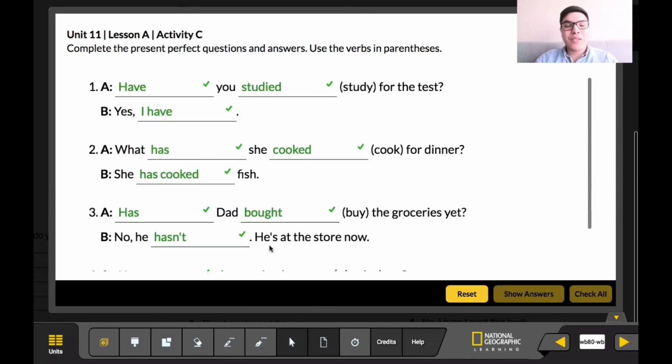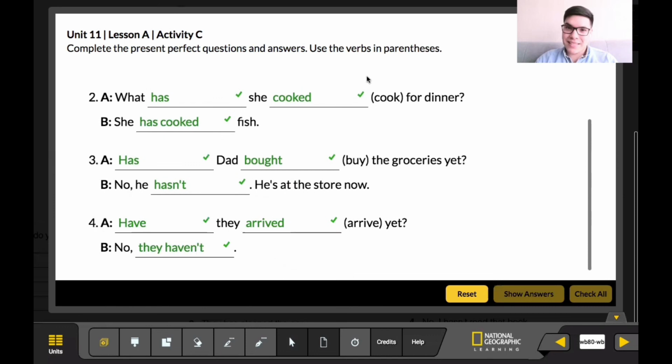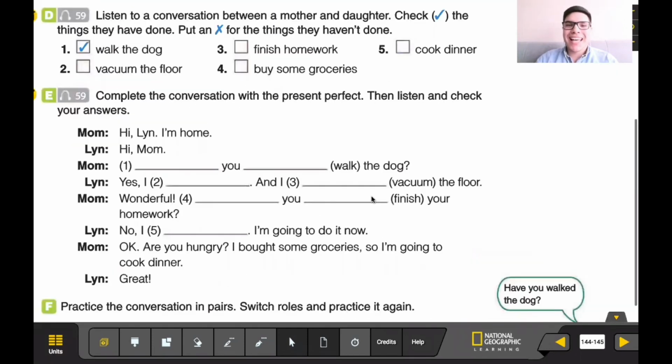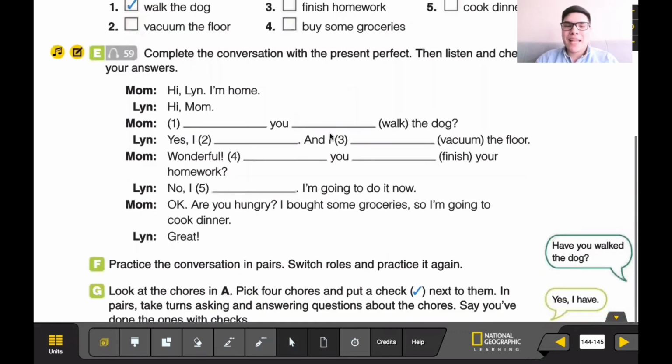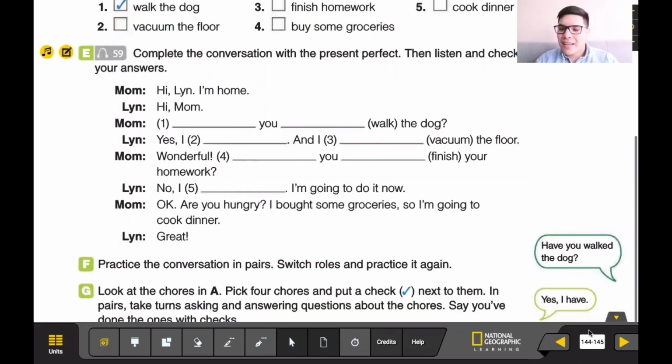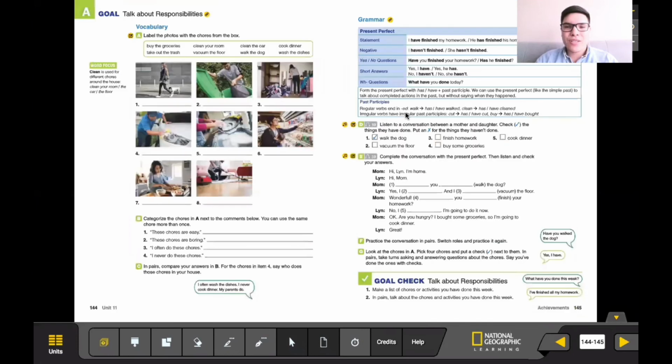For next class, I want you to do some exercises. We're going to check, actually. Your homework is to complete the conversation that you find here on page 145. Look at the page so you don't forget.